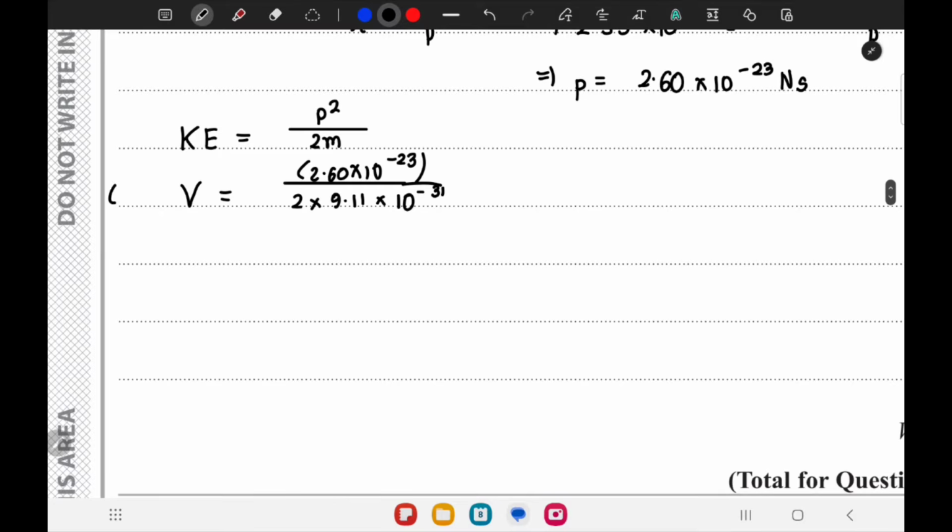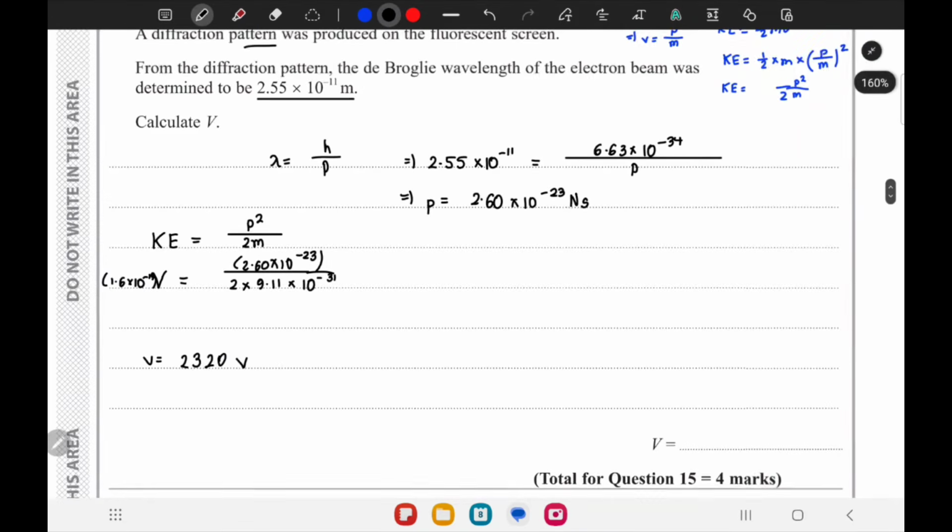Here the charge is the charge of an electron, so 1.6 × 10^-19. If we calculate the voltage, it comes out to be 2320 volts.